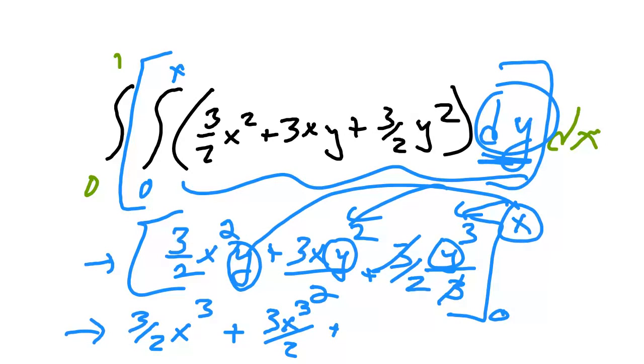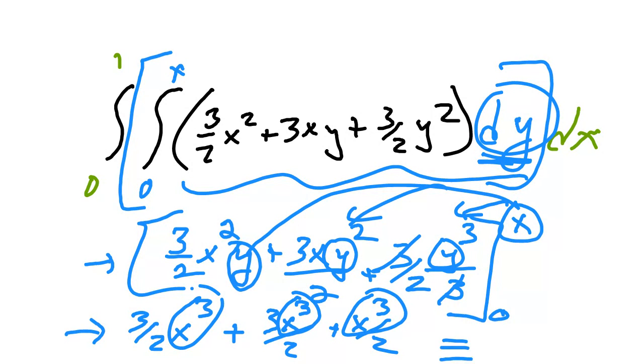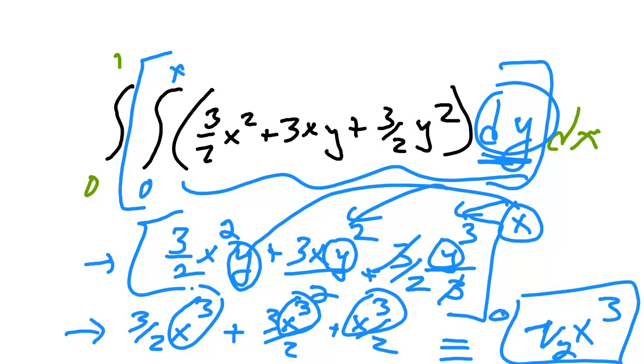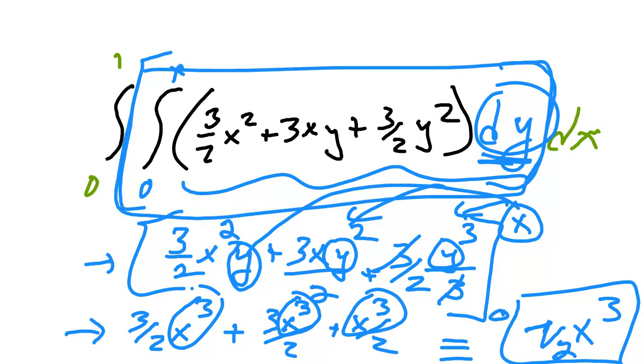Plus x cubed over 2. And then it looks like they're all x cubed. So I got 1.5 of them. Another 1.5 of them is 3 of them. And another half is 3.5 of them. So I believe 3.5 is 7/2 x cubed. And that's what I should have for this part. Hopefully. All in favor? We're going to find out real quick.